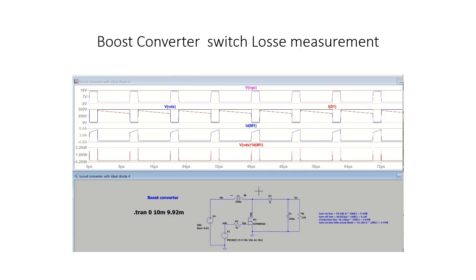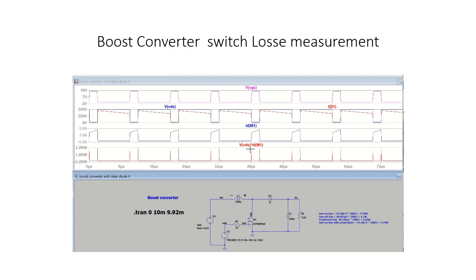Now we go into the detail about how to measure the losses in the switch. This is the rising edge of VGS; turn on is happening at this edge, and at the falling edge turn off is happening.